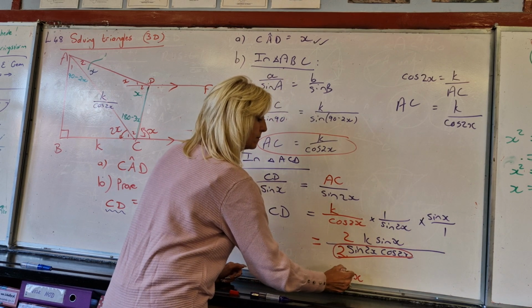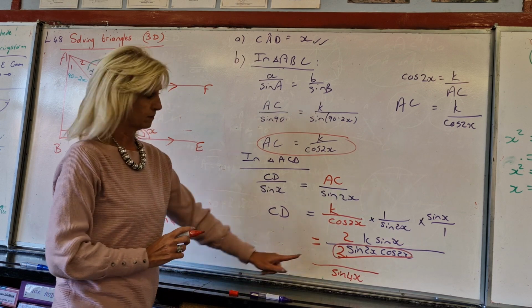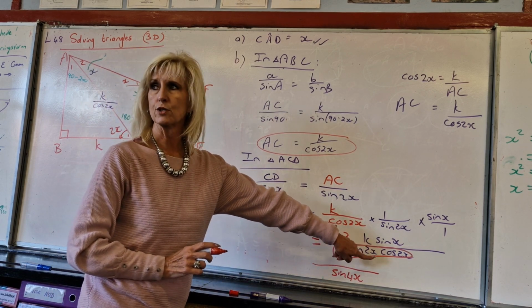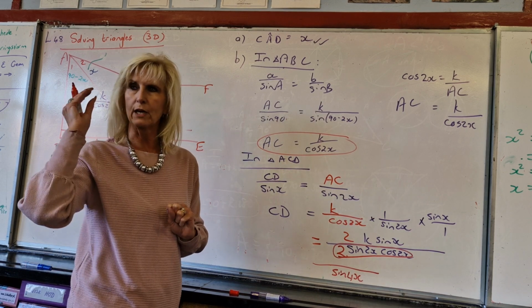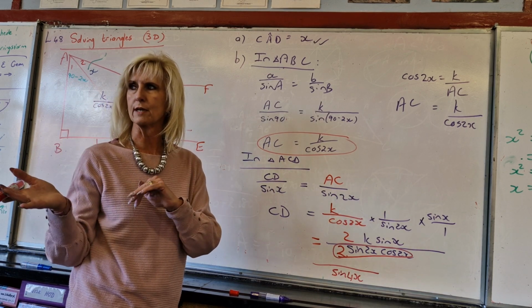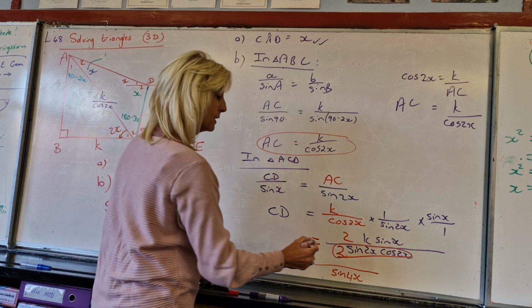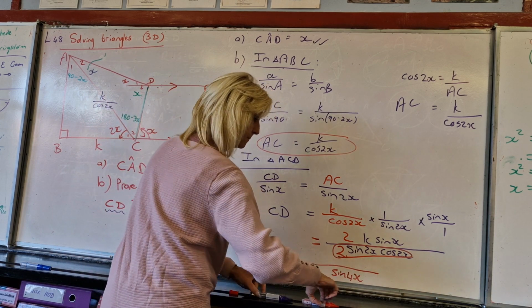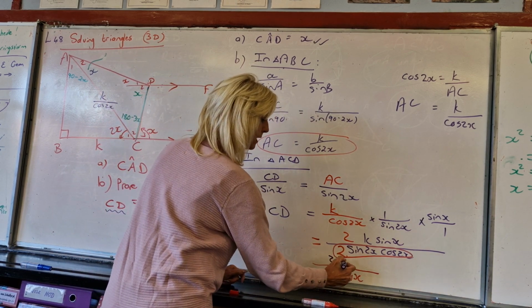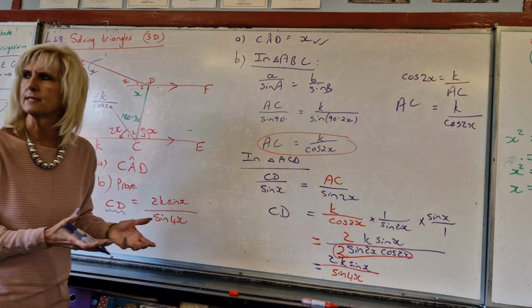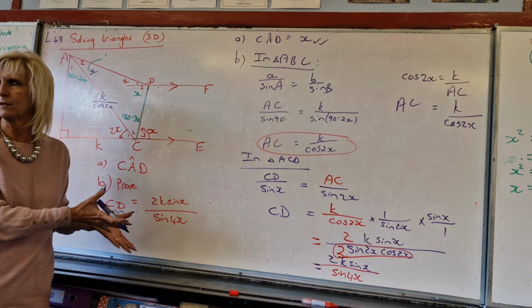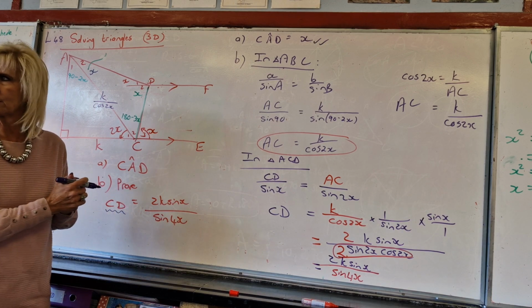Sin 4x. Because it's 2 sin 2x cos 2x, making it sin 4x. It's always a little bit more mind-boggling when it's not just sin x and cos x. And the top then is what I wanted it to be, namely 2k sin x. It's almost like left-hand side, right-hand side, these sums, because I'm trying to prove something that they've given me. Right, questions?